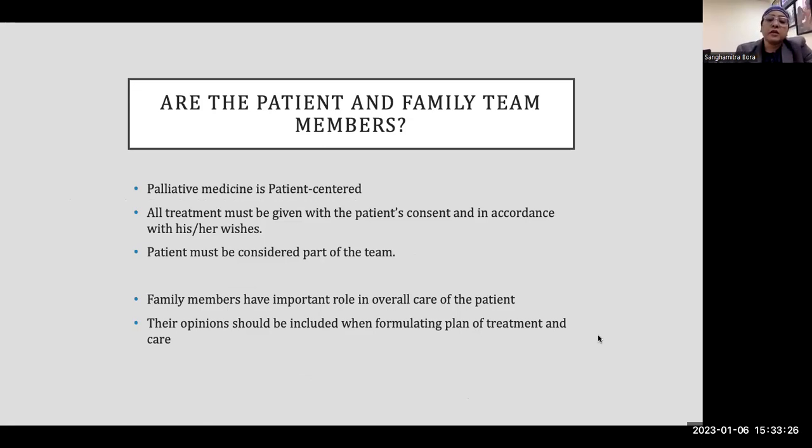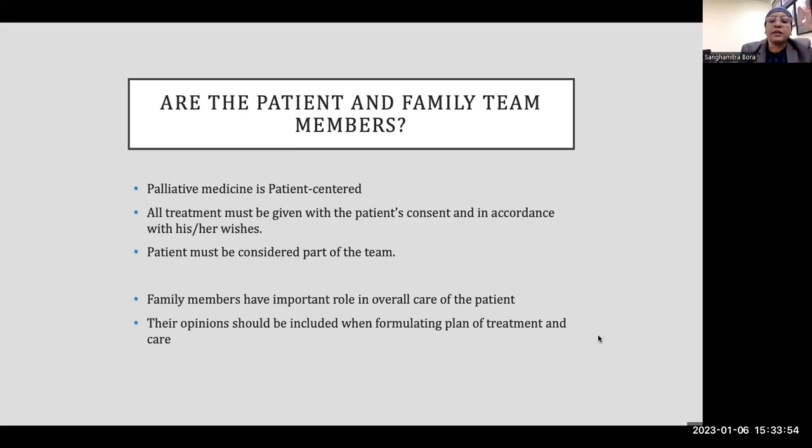Okay. So if you have done your previous classes or previous sessions, you must have come to know that palliative medicine is always a patient-centered business. It cannot be just medicine. It has to be patient-centered. Whatever we do, the patient is at the core of it. Okay.